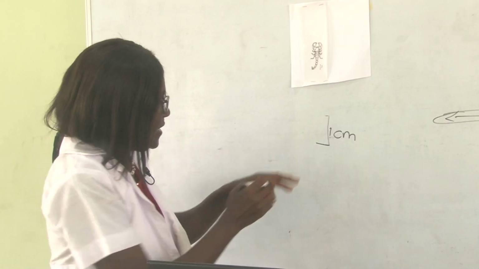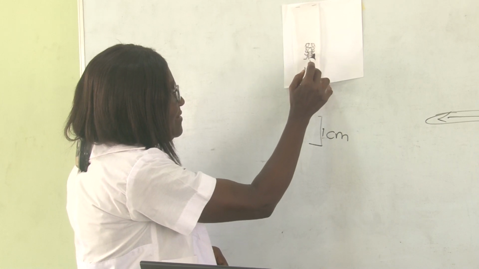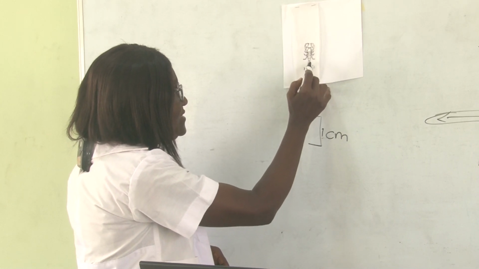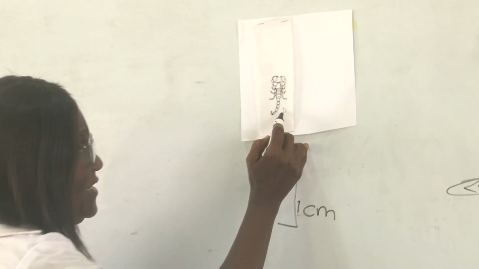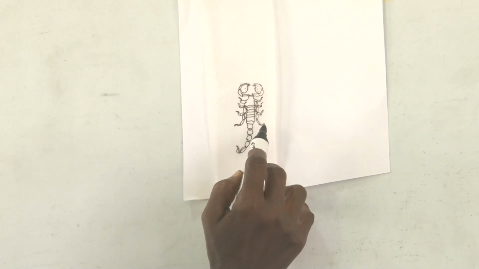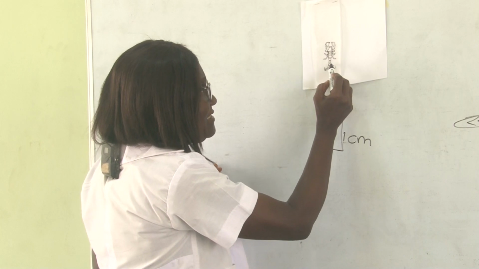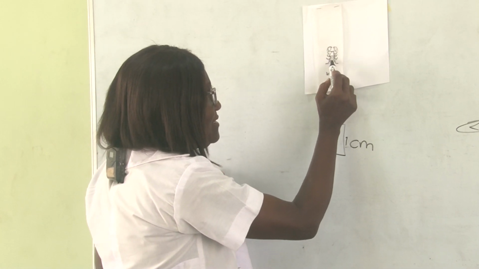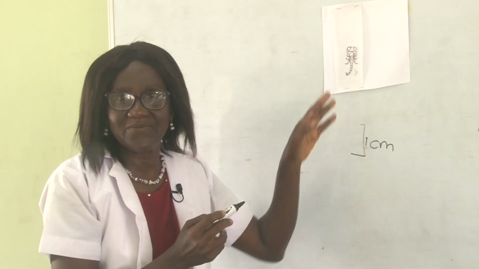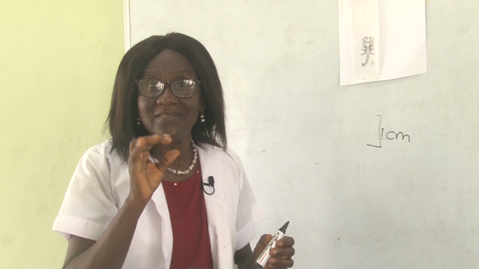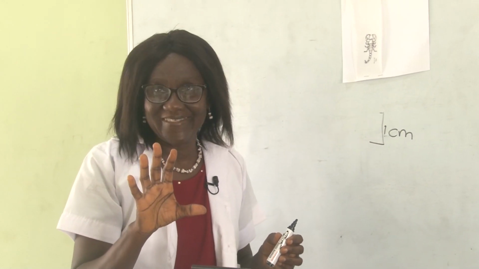It means that every 1 centimeter goes to the length of this organism. So looking at it roughly, every length like this is 1 centimeter. So another length measured 1 centimeter, another 1 centimeter, another 1 centimeter. You can get about 6 centimeters for this. So you can also put up a scale to show the size.